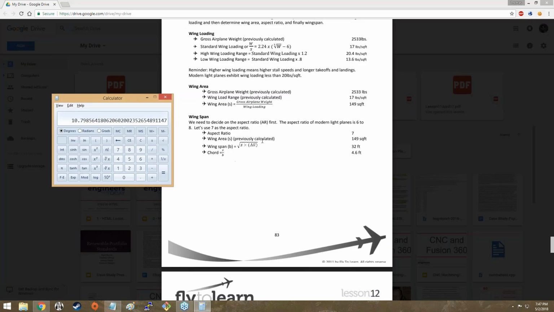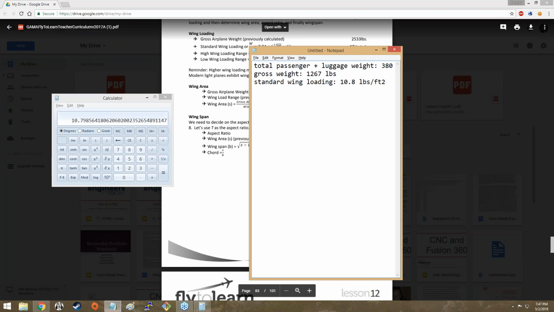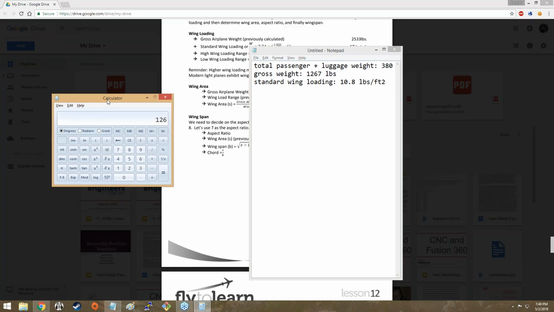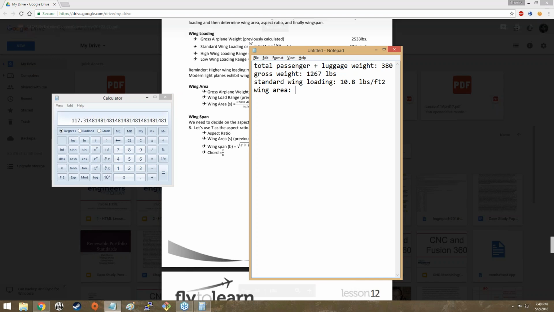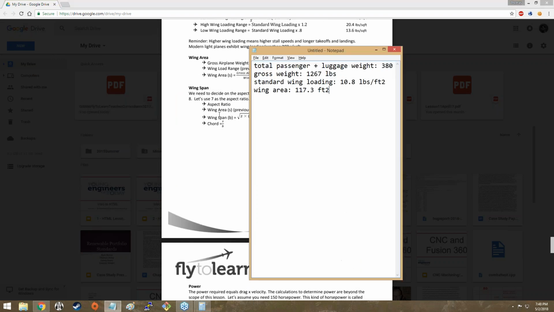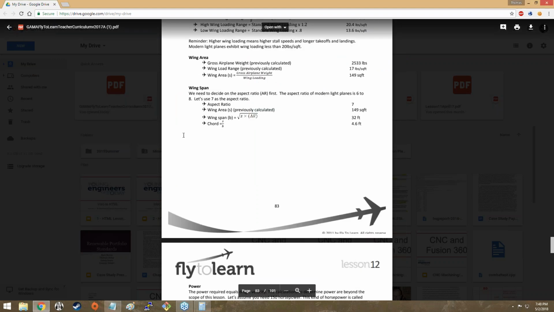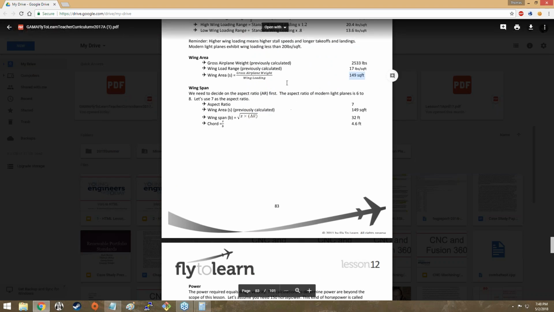So let's go ahead and do that. 1,267 divided by 10.8 leaves us with a wing area of 117.3 square feet. So we got some decently small wings. Not really small, but certainly smaller than the example plane.